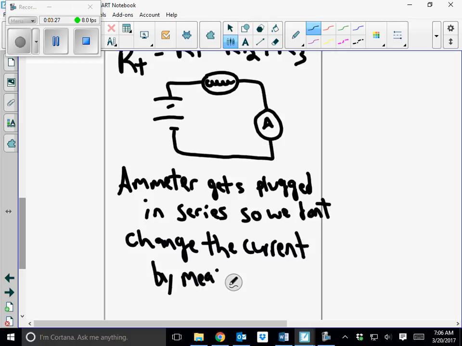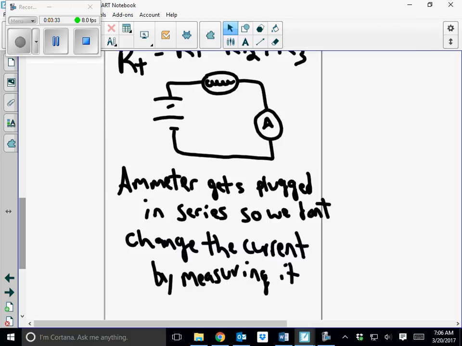Which means, would an ammeter have super high or super low resistance? It's a good question. Hopefully you're thinking about it, and actually I want you to say out loud, what do you think it would have?